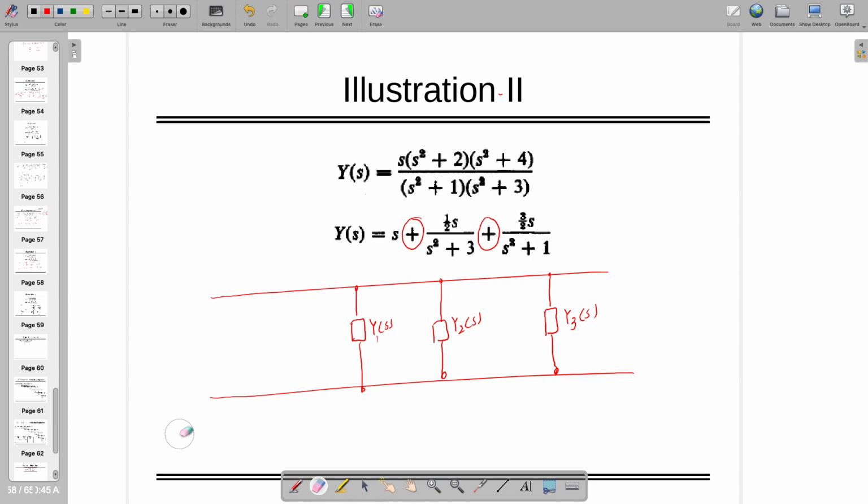So in your examination, I am not going to tell you that this is the LC function, please implement using Foster 1. I am not going to tell you this. Maybe I'll give you some circuit to synthesize, or some problem where you have to find out even the transfer function.